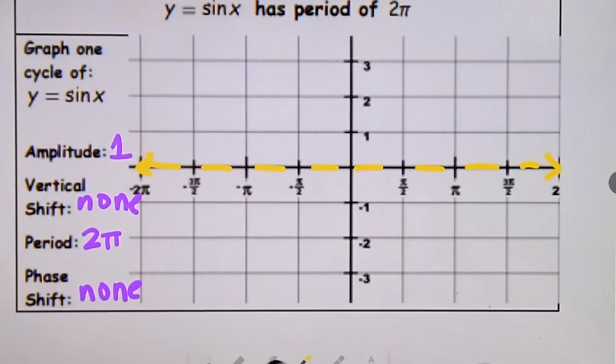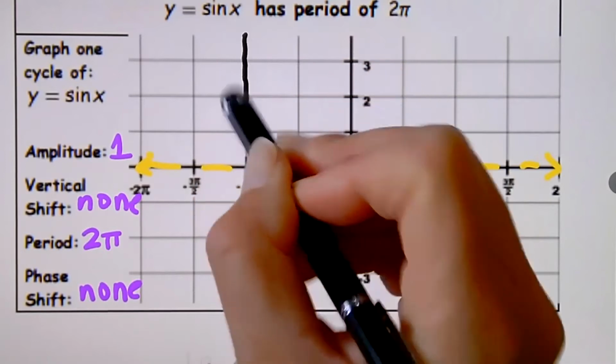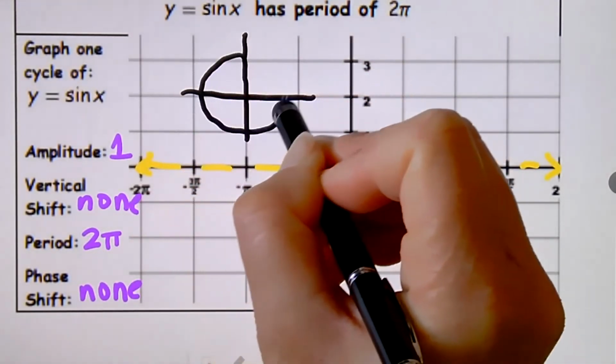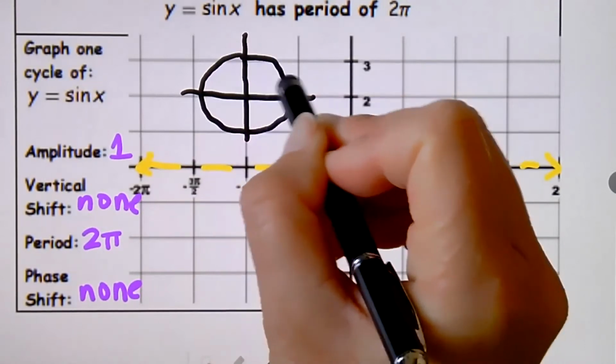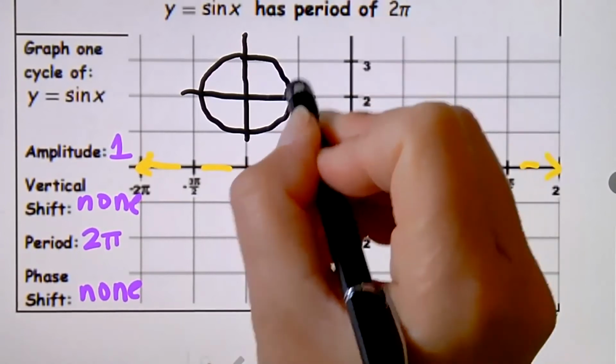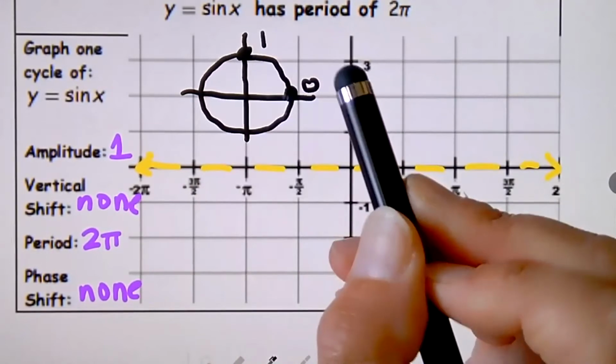And so when you're thinking about a unit circle, let me just draw a unit circle up here, just as a little reminder for us, okay? So I'm only going to be listing my y coordinates because those are the ones I care about. Here, I am at a height of 0. Here, I'm at a height of 1.